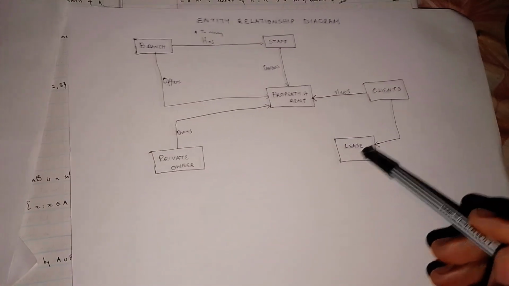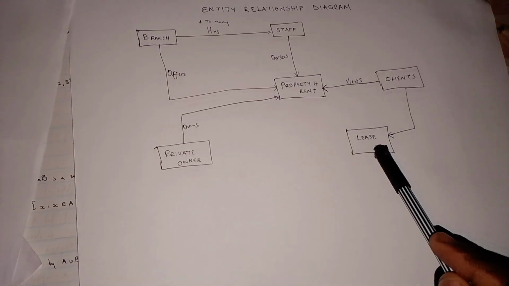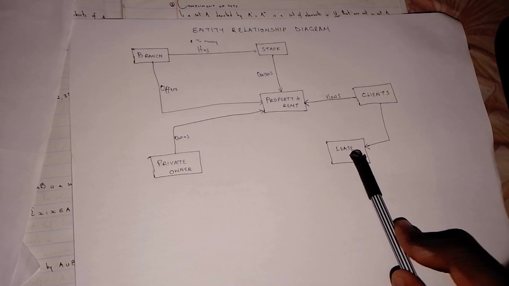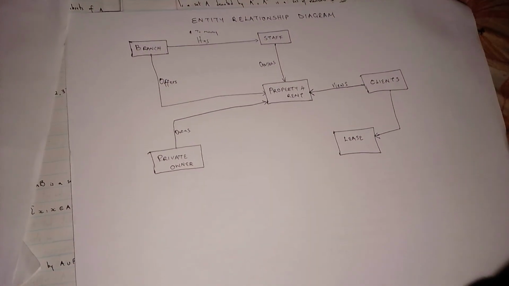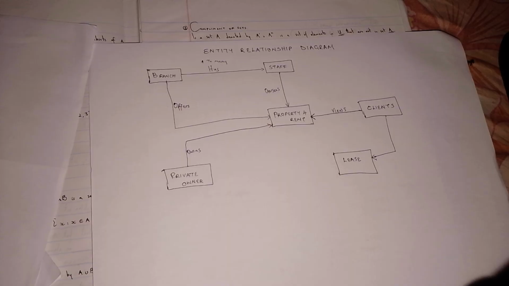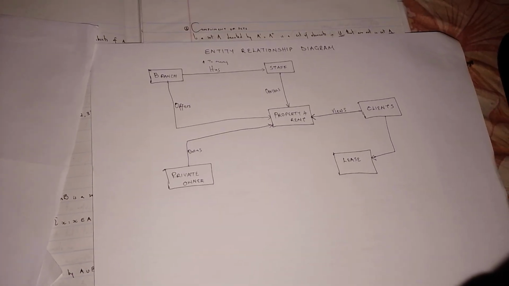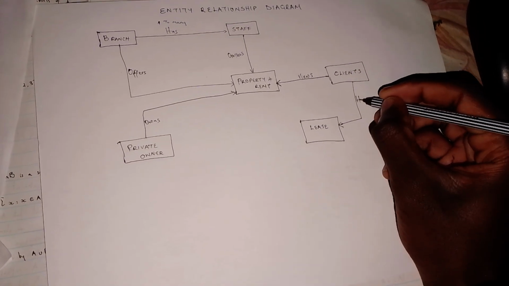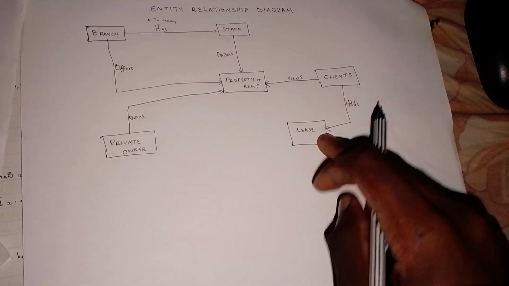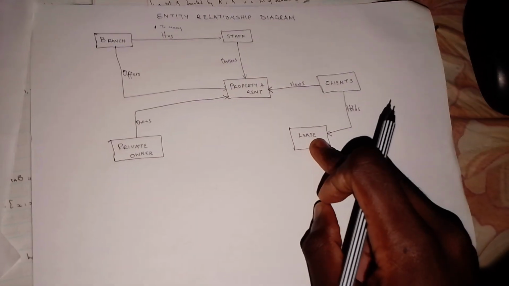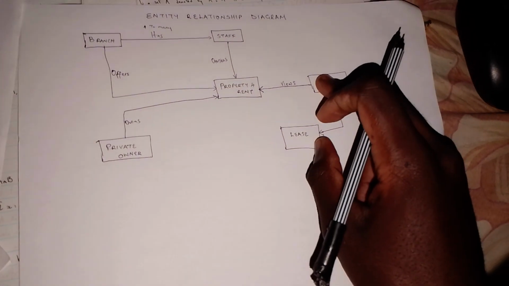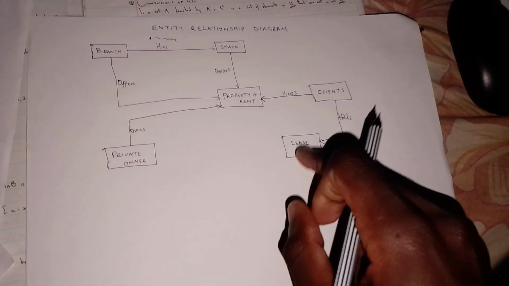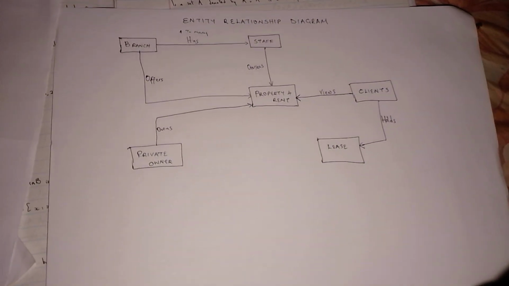So the relationship between the client and the lease is again a one-to-many. A client can hold many leases, but each lease belongs to one client.